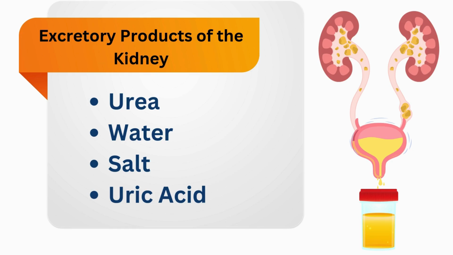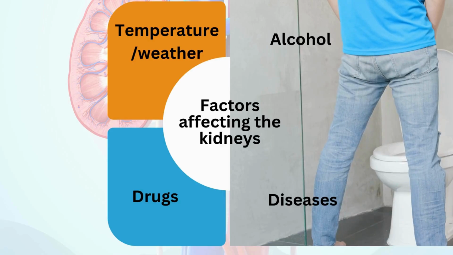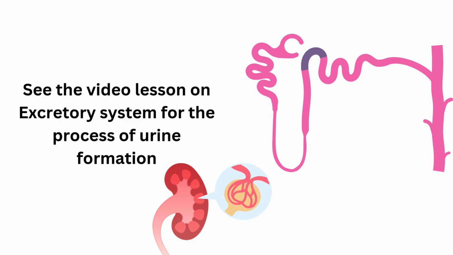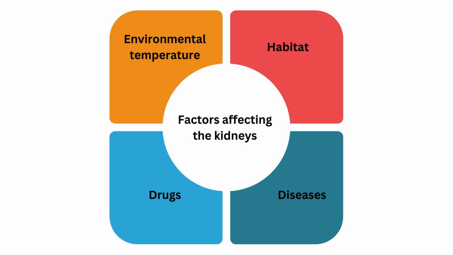Now, we have dealt more about this process of urine formation under the topic excretion. So I would also advise you to watch the video on excretion to learn more about this process of urine formation. Now let's talk about conditions affecting the functioning of the kidney.